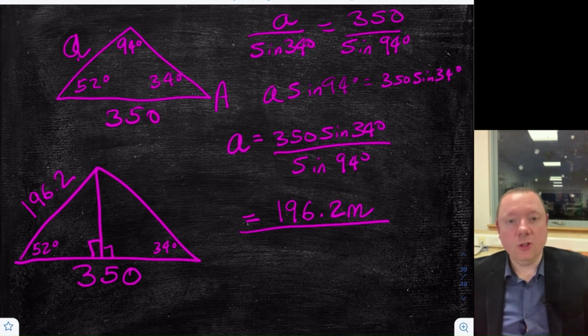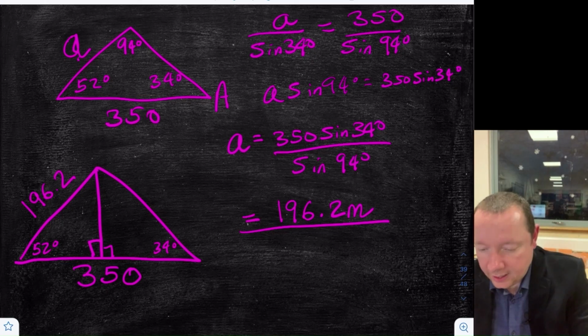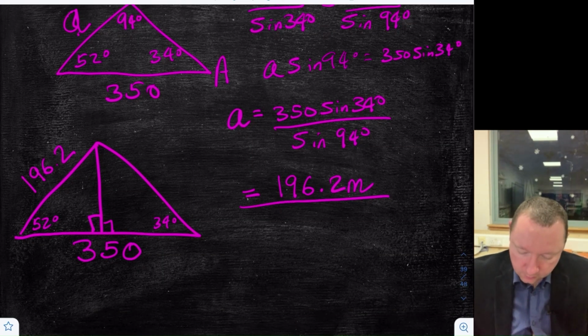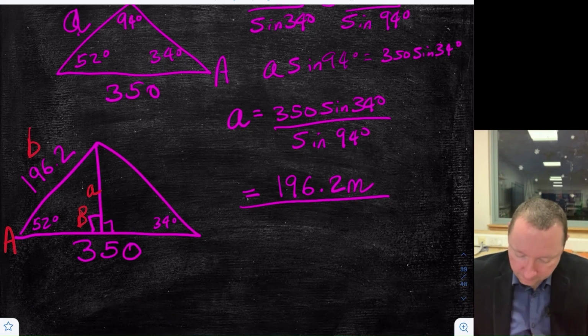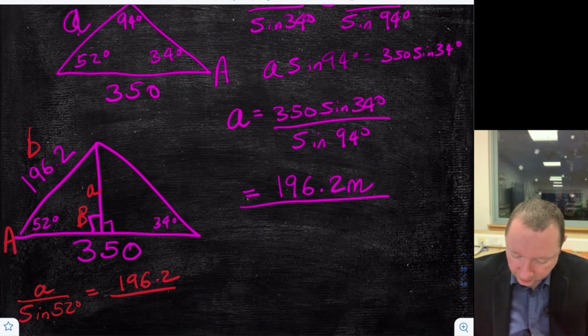The easiest way is to use the sine rule again. So we'll go ahead and do that. If I use a different colour, this one goes with this one. And this one is an angle B, goes with this one here. So we can just simply write A over sine 52 equals 196.2 over the sine of 90, because that's 90 degrees.